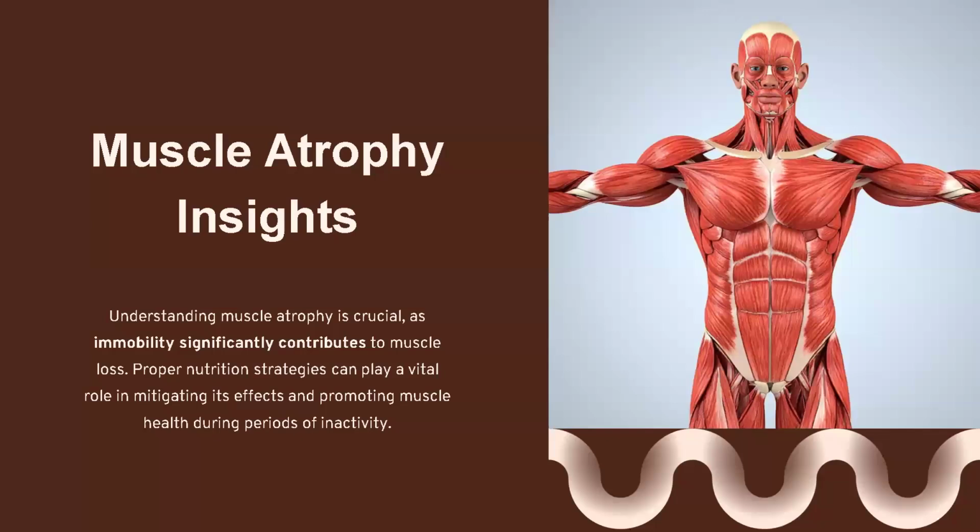And then we have neurogenic atrophy, where some of the causes are disease or injury of motor neurons. Mechanism: lack of neural input that leads to a rapid loss of muscle size and fiber transformation.